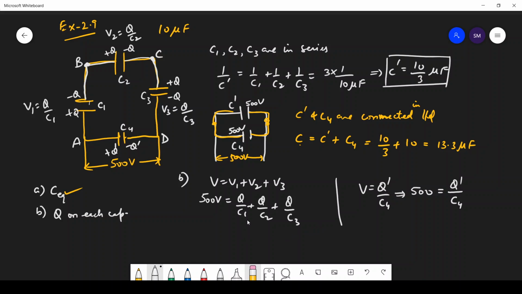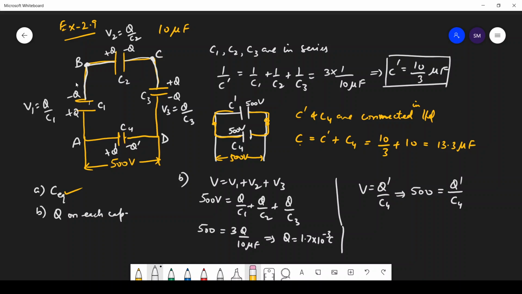Q is the same, and C1, C2, C3 are also the same. So 500 volt is equal to 3Q upon the capacitance, which is 10 microfarad. So this gives me the value of Q, which is 5000 upon 3, and that is equal to 1.7 into 10 to the power minus 3 coulombs.